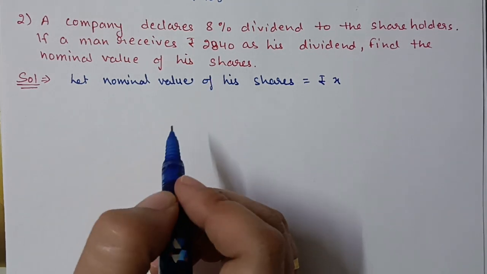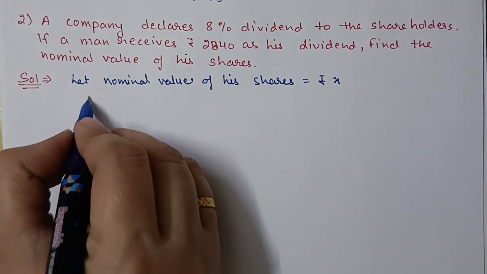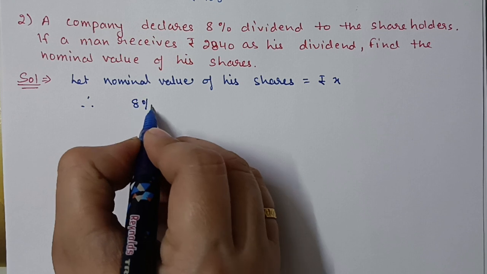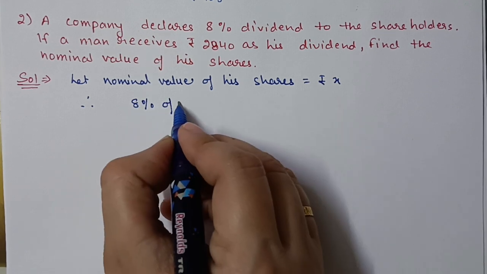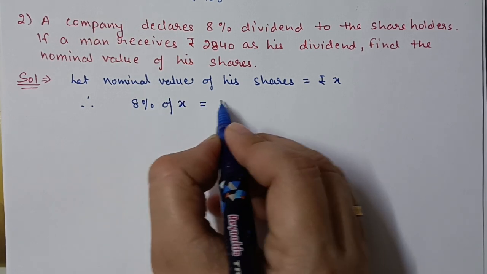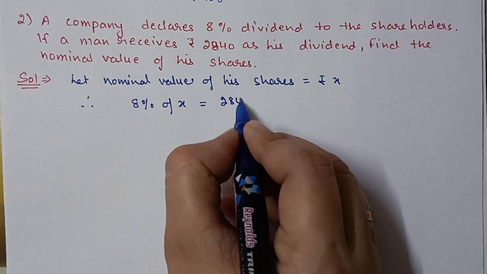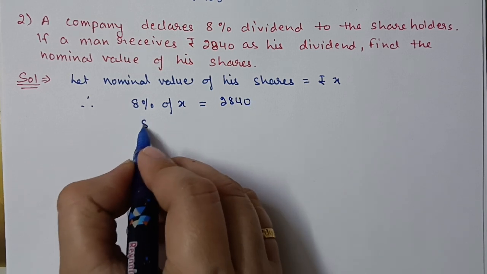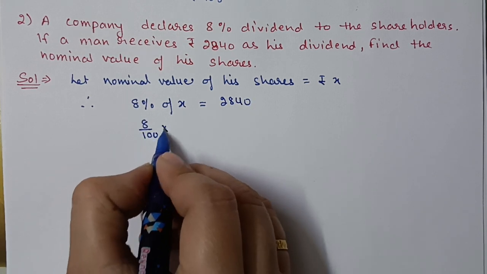Then he is getting 8% dividend. It means 8% of this nominal value, x, is equal to 2840 rupees. So 8% means 8 by 100 into x.